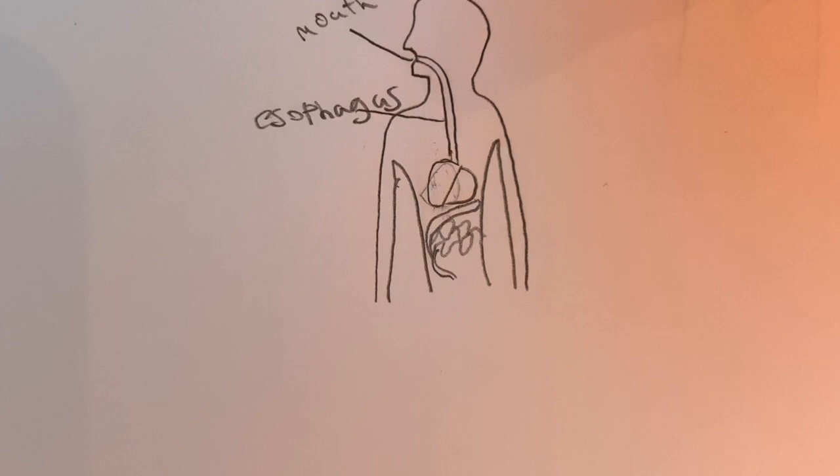The chemical digestion that begins in the mouth is solely due to the saliva, which comes from the salivary glands: the parotid, submandibular, and sublingual. What the saliva does is help break down the food, soften it to make it easier to chew, and aid in the bolus formation that we then swallow.